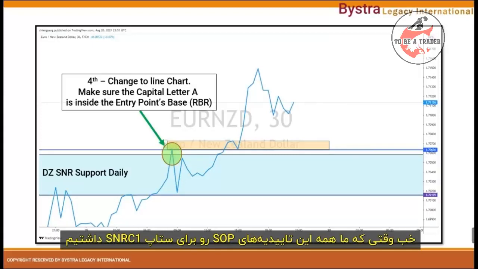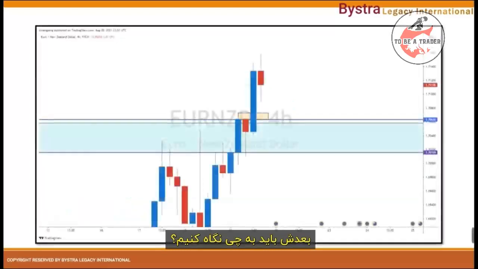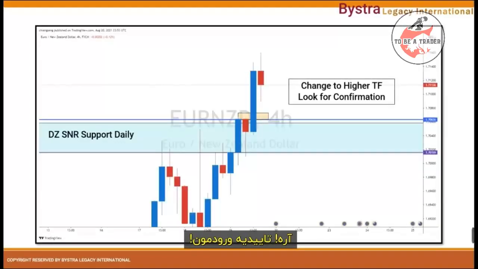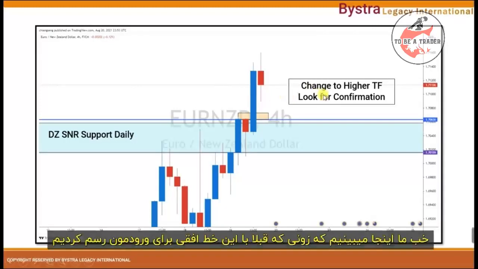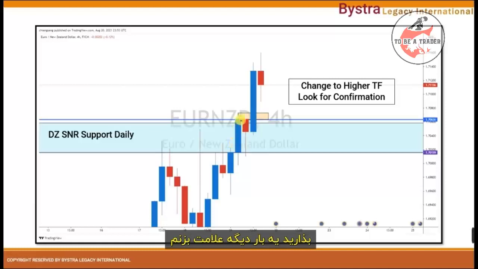Once we have all this confirmation for the SNRC1 setup, what do we need to look for next? Yes, our confirmation of entry. We can see here the zone that we marked earlier for our entry with this horizontal line. This setup is in the bullish engulfing body candle. Let me highlight one more time, it is in the body candle.